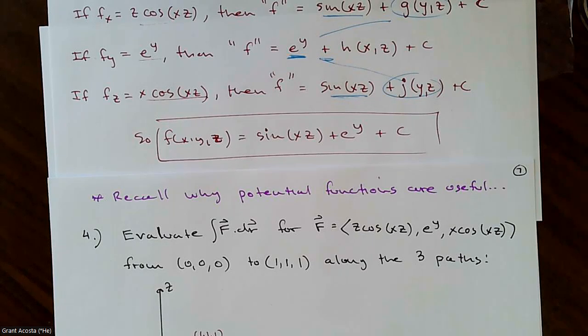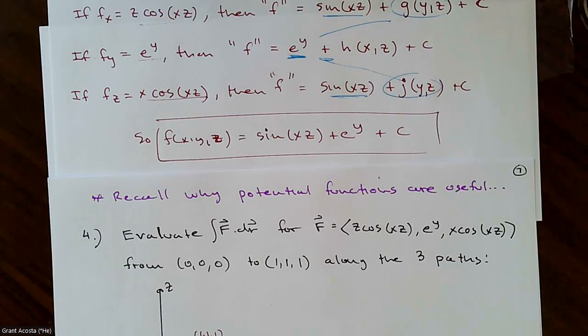Number one, if I knew it was a conservative field, I don't really need to do 3 integrals. I could just set up one integral from the origin to here along a straight line, because it's path independent. F is a conservative field, so it doesn't matter what path I take.